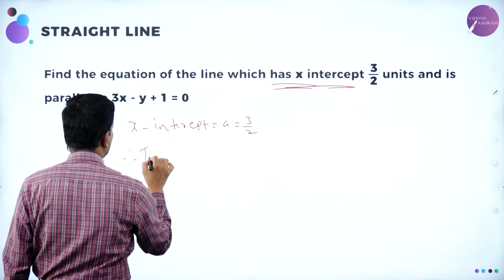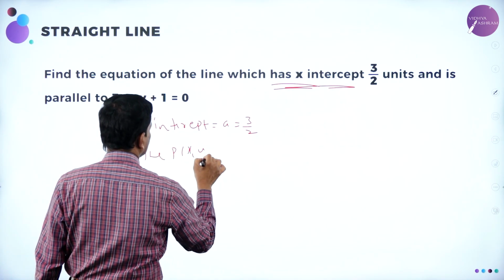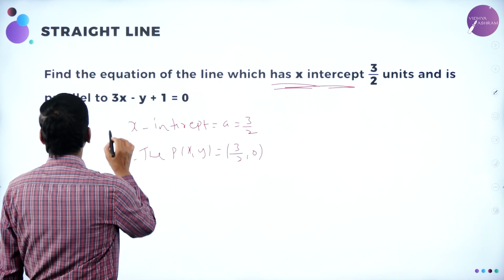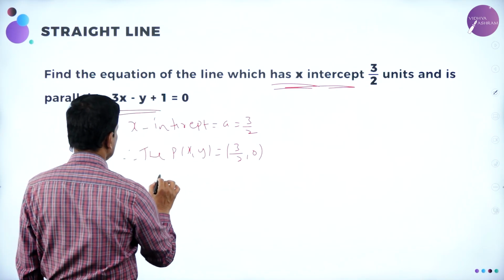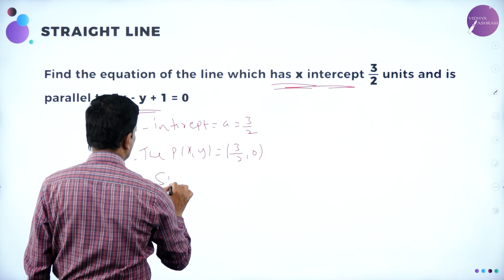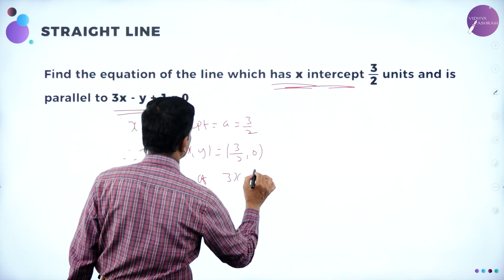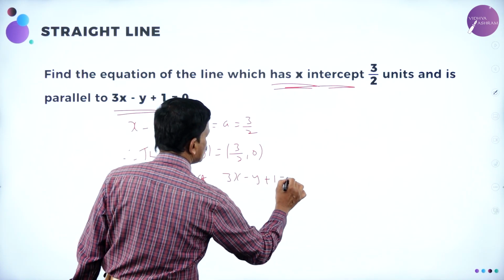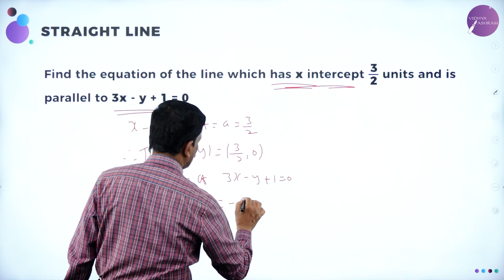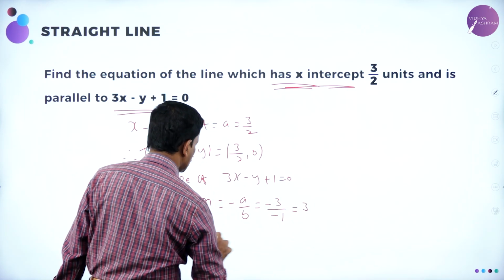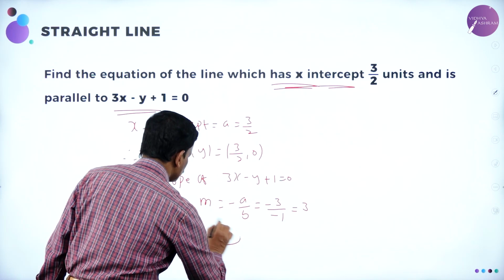So therefore the point P(x, y) is equal to (3 by 2, 0), and parallel means parallel to the given line. Therefore, find out the slope of 3x minus y plus 1 is equal to 0, that is m is equal to minus a by b, minus 3 by minus 1, that's equal to plus 3. So m is equal to 3.